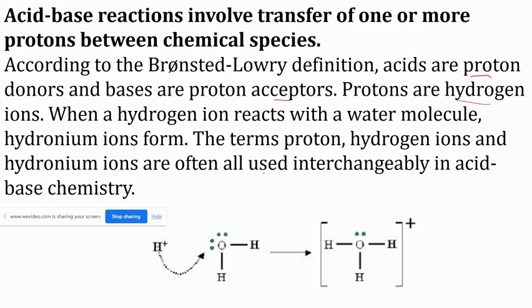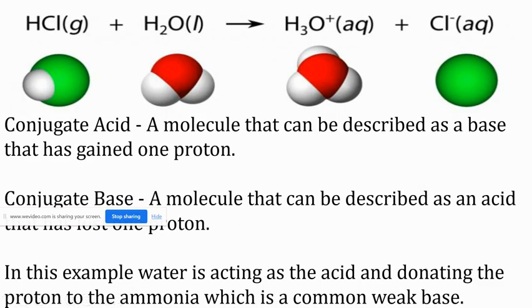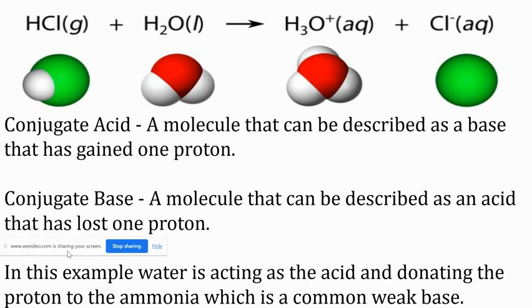So when we're looking at these, the hydrogen is going from an acid, in this case, over to a water and forming H3O plus. So this is H3O and it has a plus ion associated with it.